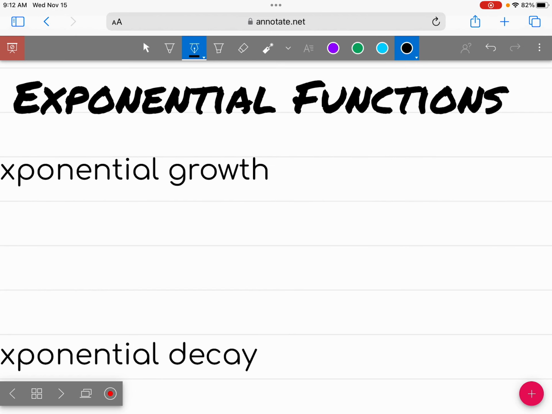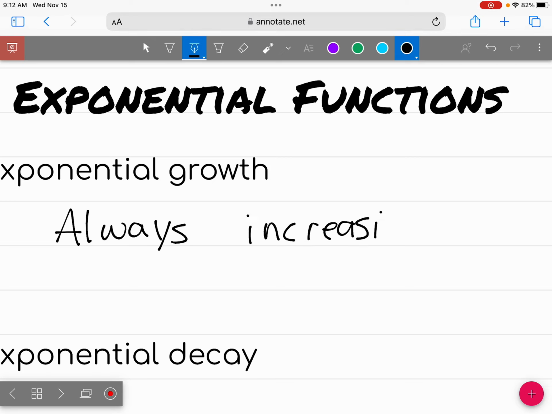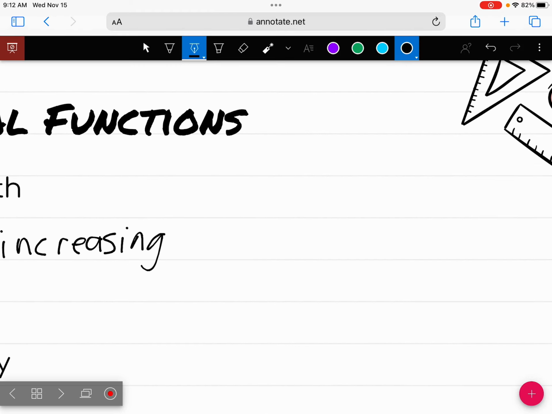So exponential growth is always increasing every single time. And that happens when our base is greater than 1. So if we think about our exponential form where it was a, b to the x, this base is what decides if it's growth or decay.